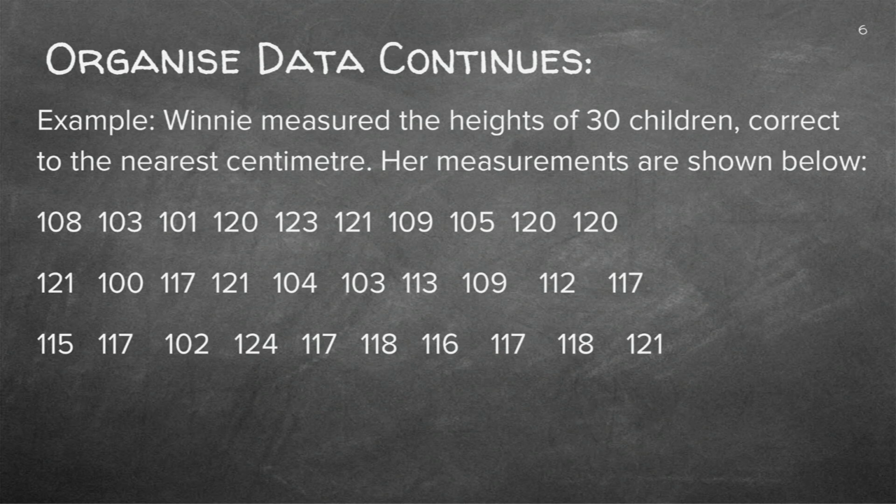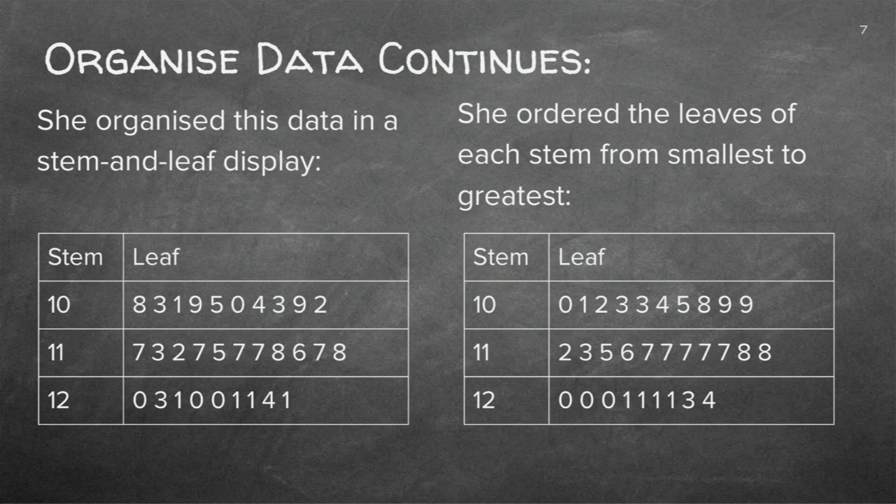Winnie measured the heights of 30 children, correct to the nearest centimeter. Her measurements are shown below. Here's a whole lot of raw data, and we are now going to put this in a stem and leaf display. First of all, there's our stem and our leaf.